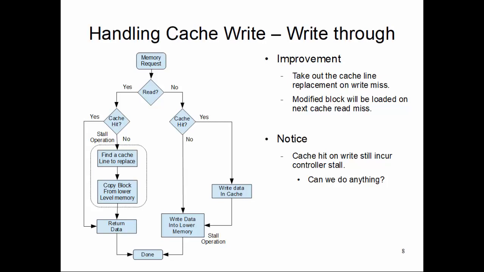Now what if we need to replace it? Let's say that same address, after the write is done, which is not done at the higher level of memories but directly at the lower level of memory. Then if there is a cache miss, we find the block from the lower level of memory and start copying back.